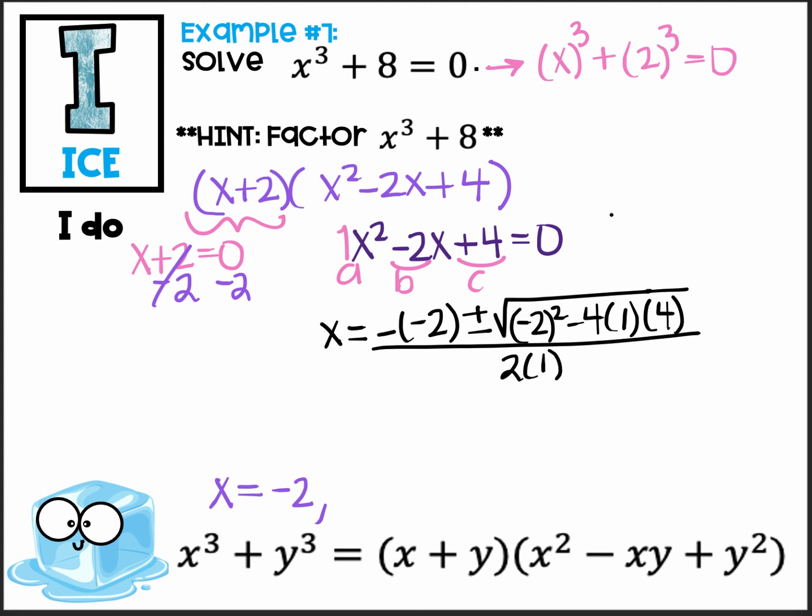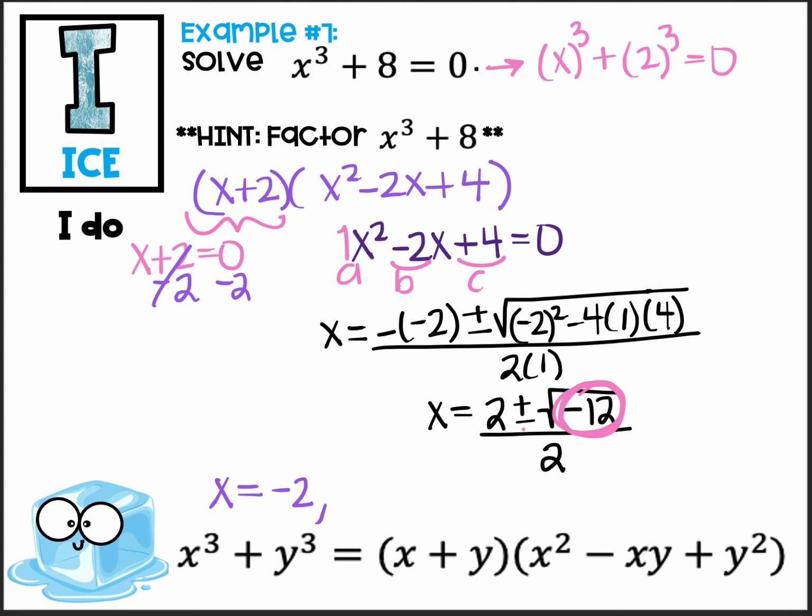After simplifying everything, I got x is equal to 2 plus or minus the square root of negative 12 divided by 2, which, if you notice, I have my radicand or my discriminant being negative.